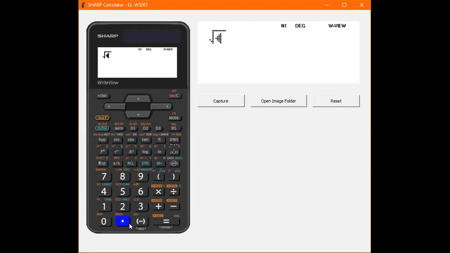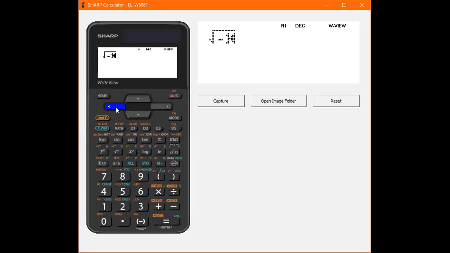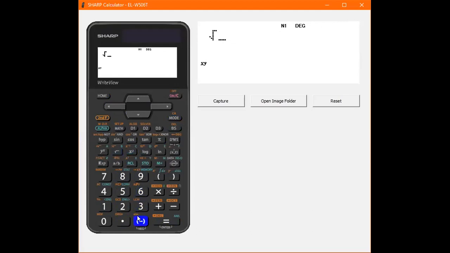Now, in normal mode, if I took the square root of -1, it would give me an error, because in normal mode, we teach that the square root of a negative number is undefined. Now if I go to our complex mode and type in the square root of -1, what it's going to give me then is i.